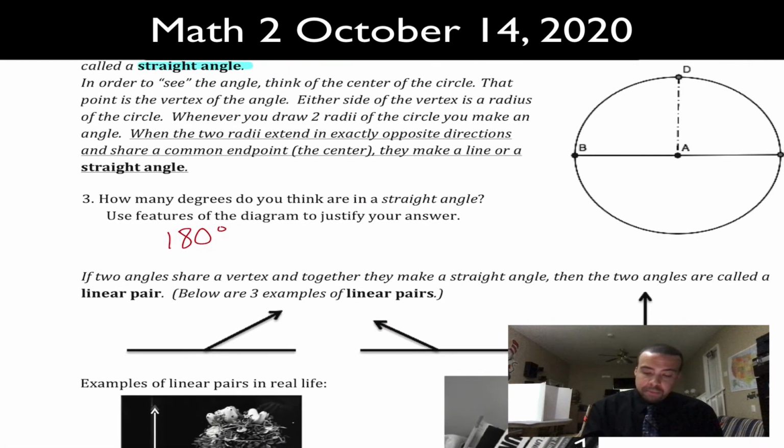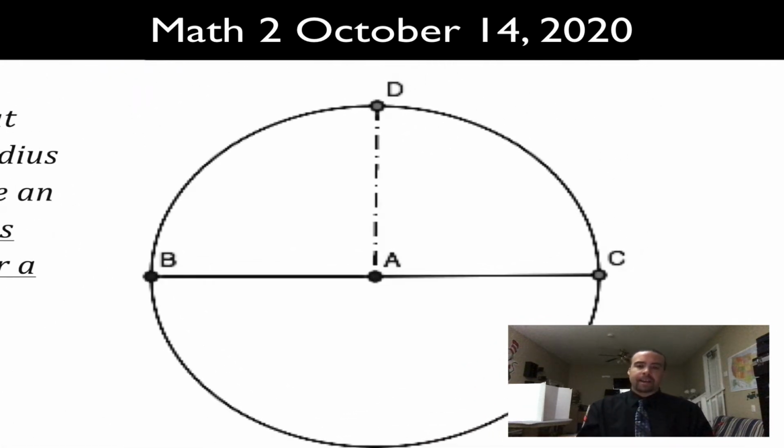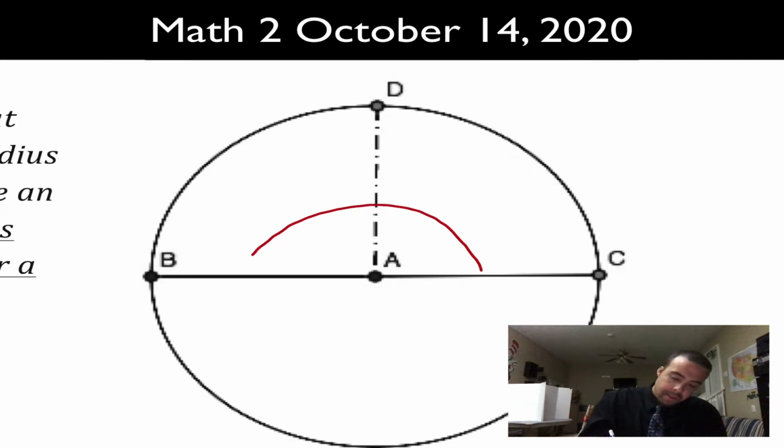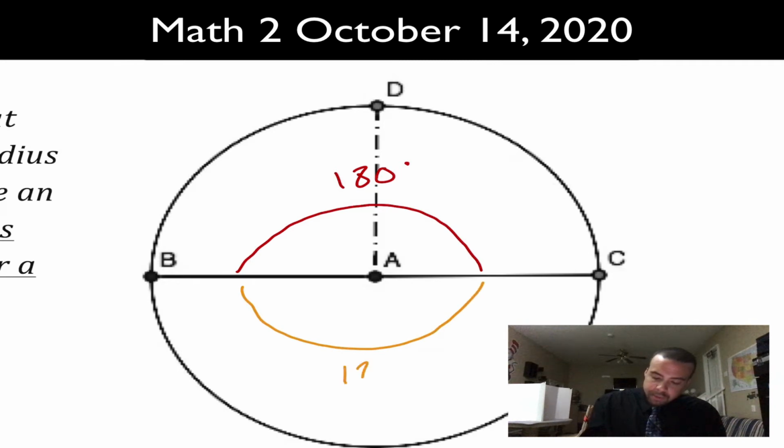If you want to use this circle to justify that, your magic number for an entire circle is 360. So if I travel this much, I've traveled half the way. Well, how much is that? What's half of 360? 180. So that's 180. And then if I go this much, that's 180.